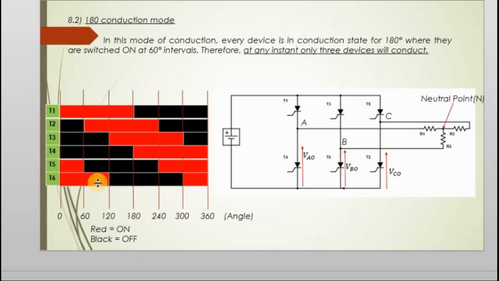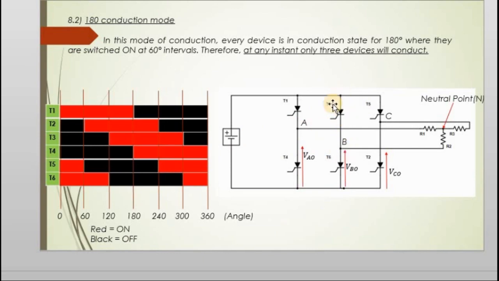And 60 to 120, T6 is on. You short circuit. See here, 120 to 180, T6 is off, and if you check T3, T3 is on, which means you short circuit from here to there.